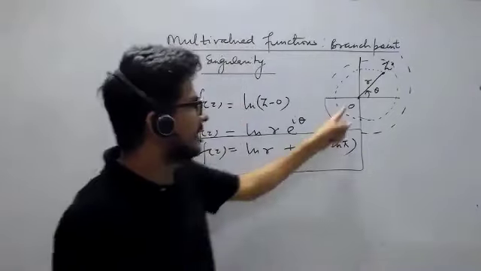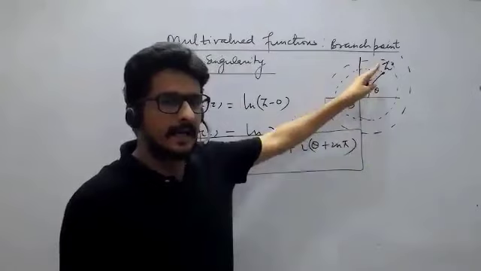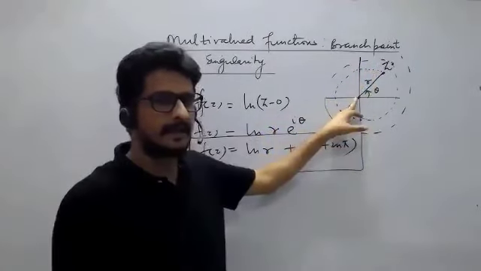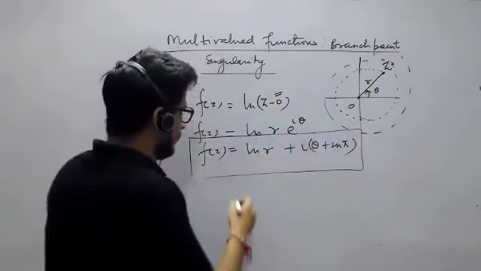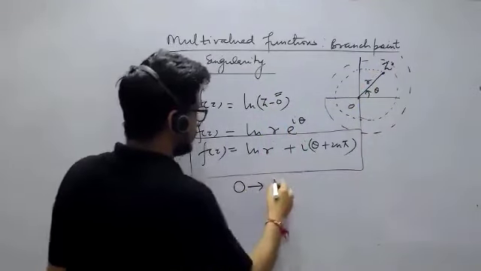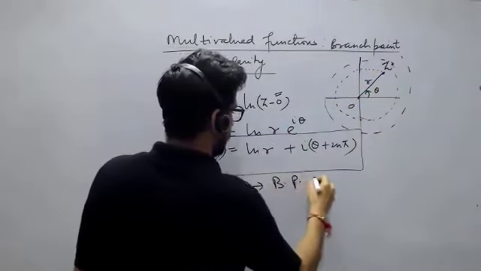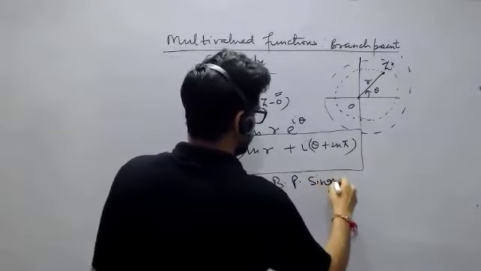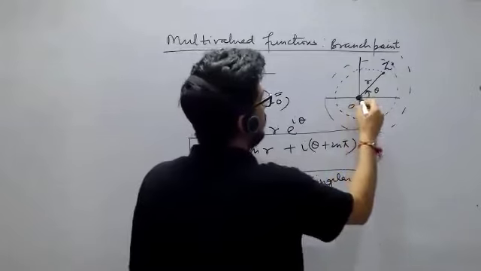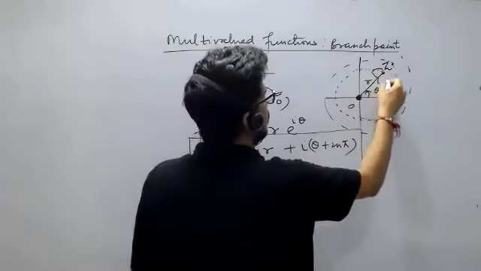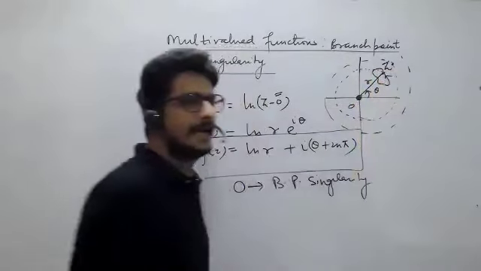So that is happening because of this radial vector connected to the origin, which was here. So in this case, we call 0 a branch point singularity. The reason is, if I just move from here to here, then that will not happen.